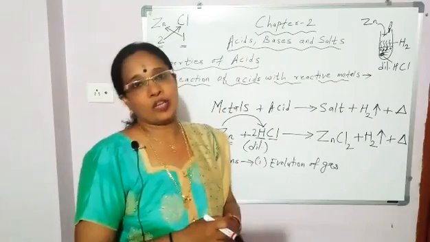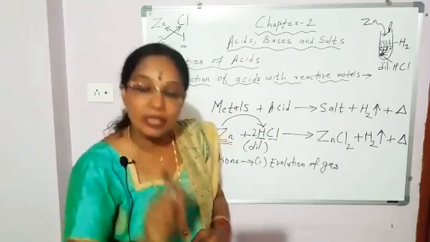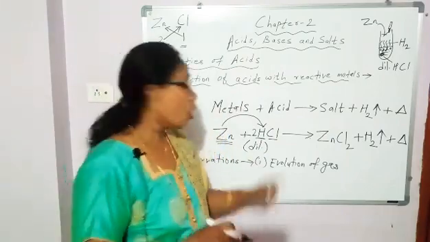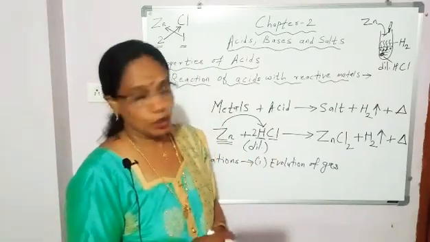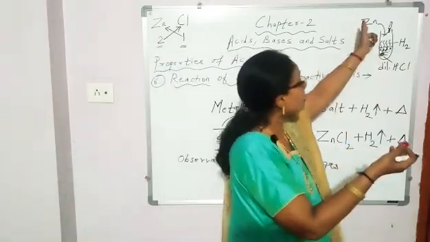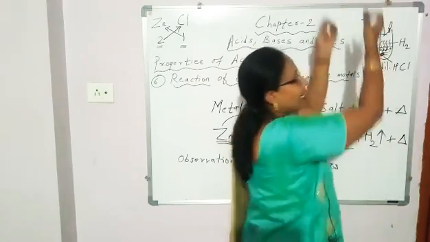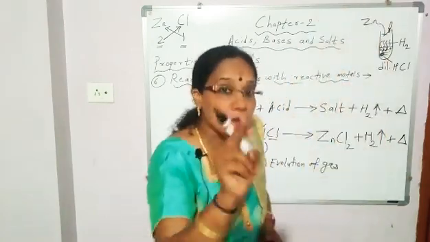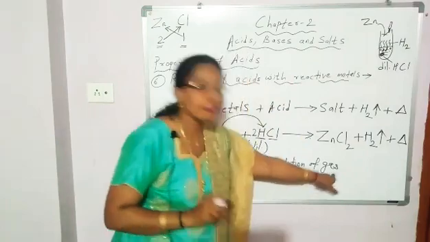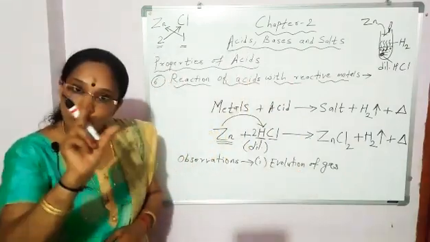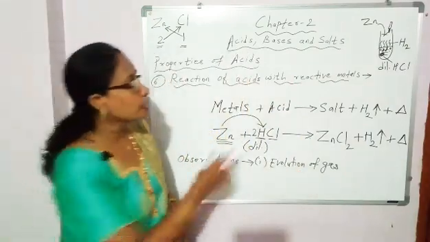That observable change is called characteristics of chemical reaction or observation. So what are you able to observe when zinc reacts with dilute hydrochloric acid? Some gas is evolved. So what is the observation? Evolution of gas.